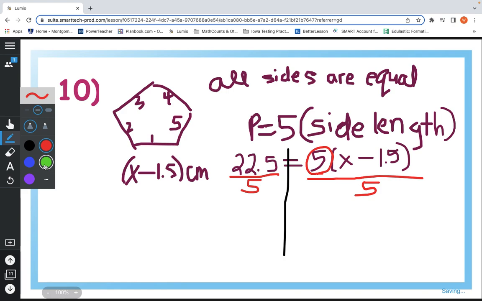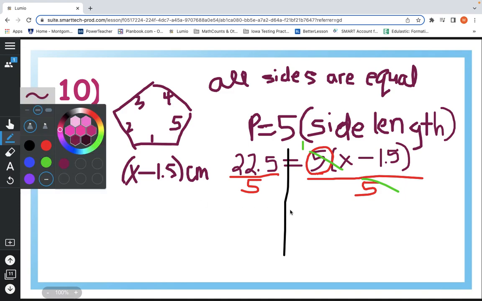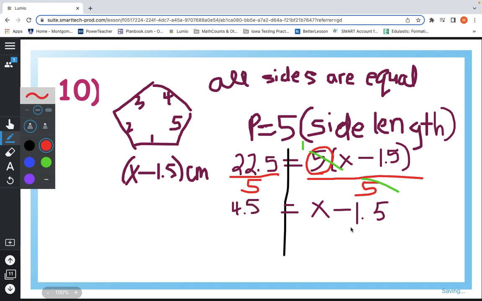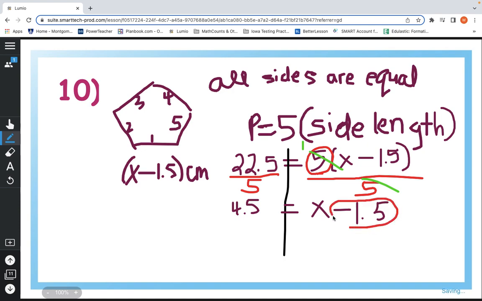So on the right-hand side, the 5's turn into a 1, leaving me just with X minus 1.5. And on the left-hand side, I'm going to do 22.5 divided by 5, and I get 4.5. Then my next step now is to get rid of this other thing attached to the X, which is minus 1.5.